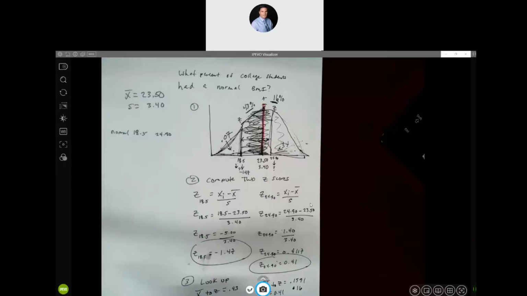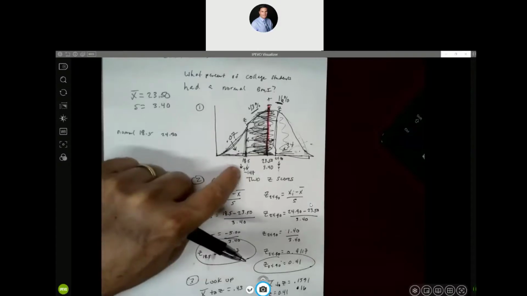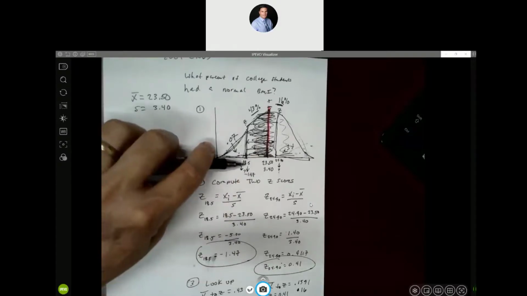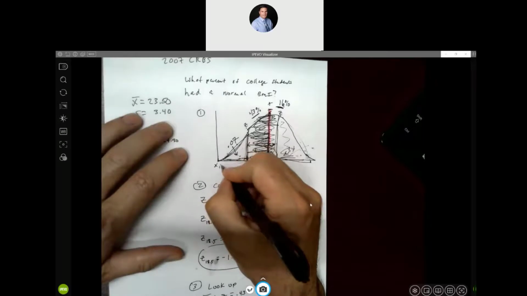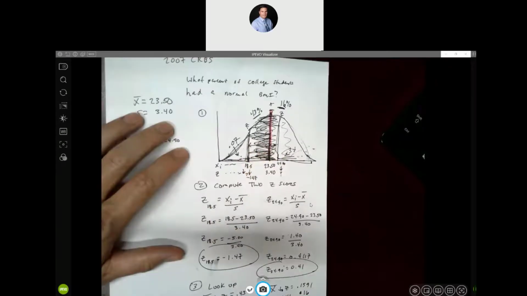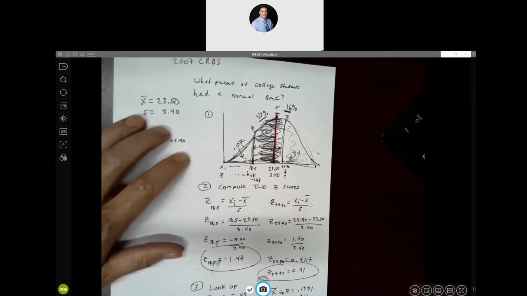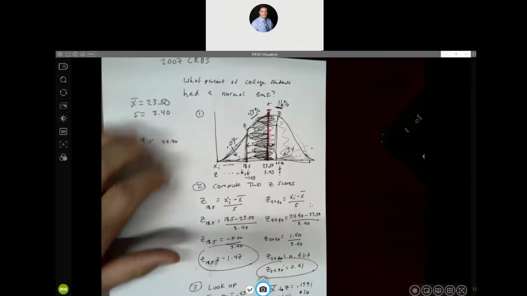If you intuitively understand that, I don't really care what you do. But it's important that you understand that all along here, there are x sub i's, and for every x sub i, there's a corresponding z-score, if you know the mean and the standard deviation. Did I answer your question? Yes, thank you. Okay, other questions?